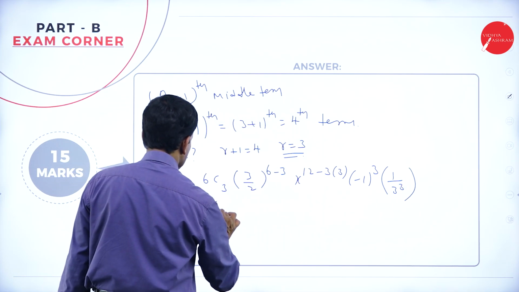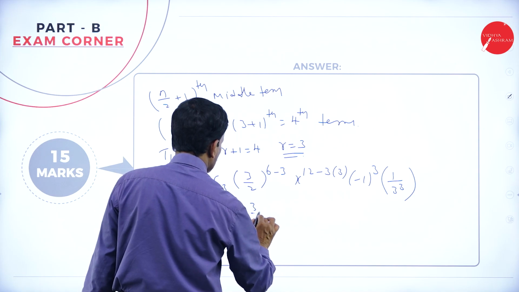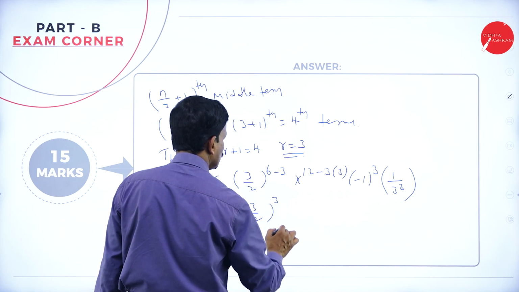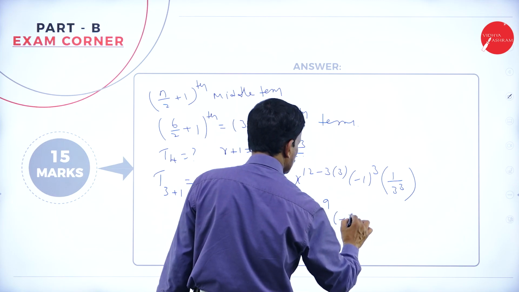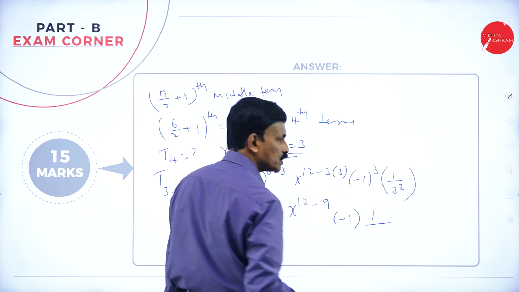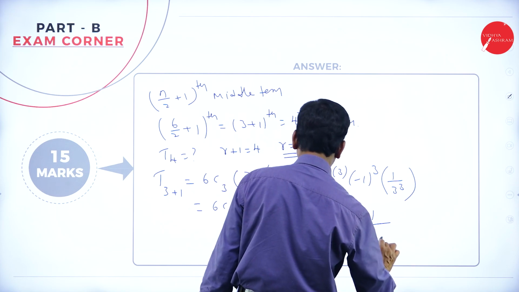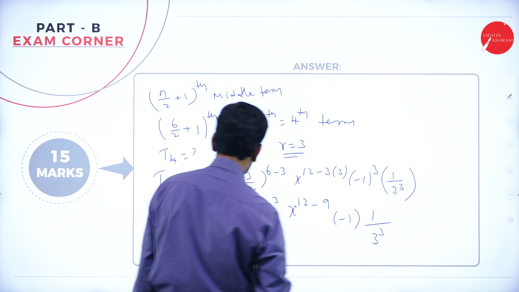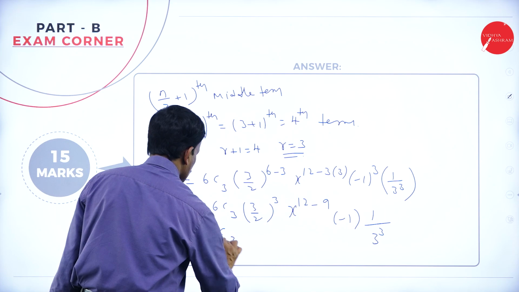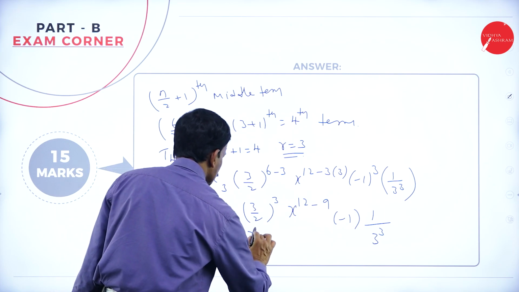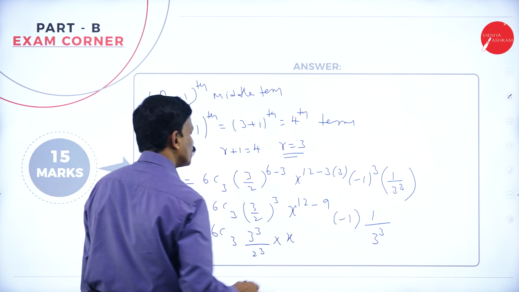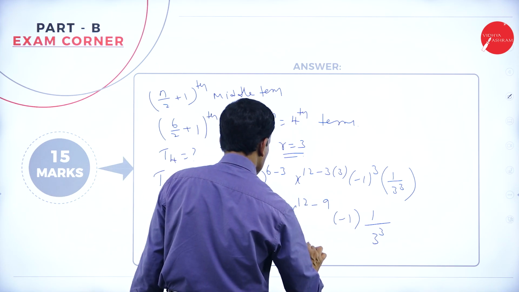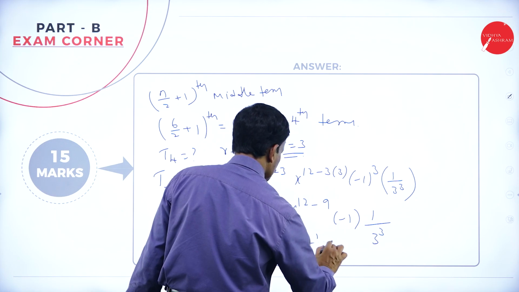Simplify this. 6C3 (3/2)^3 x^(12-9), minus 1 cube is minus 1, over 3 cube. So this is 6C3 along with negative sign, 3 cube divided by 2 cube into x^(12-9), which is x^3, into 1 over 3 cube.